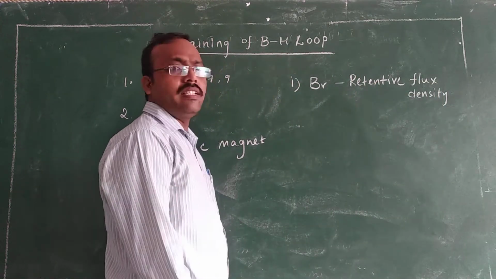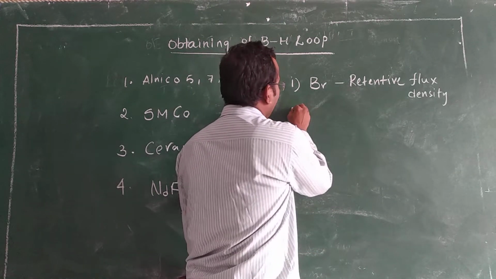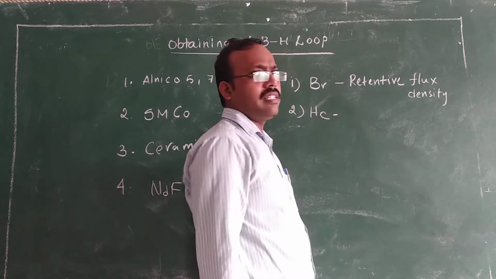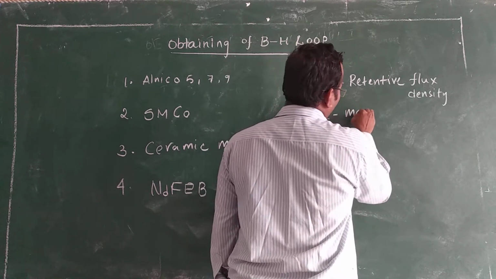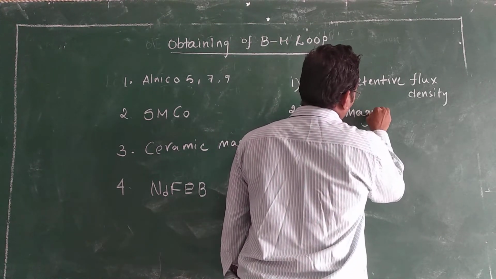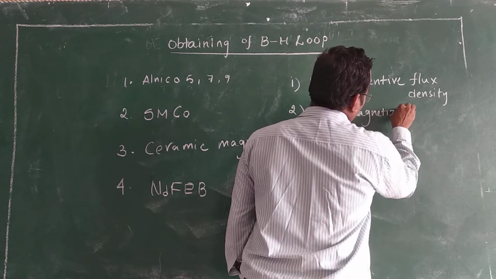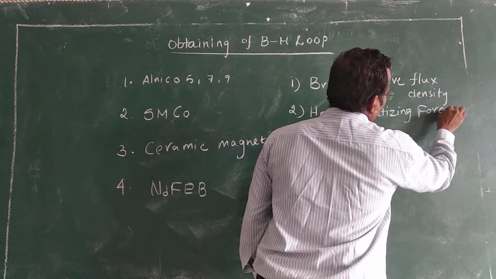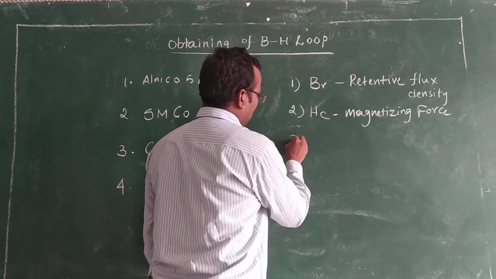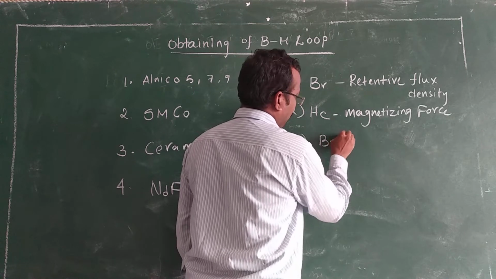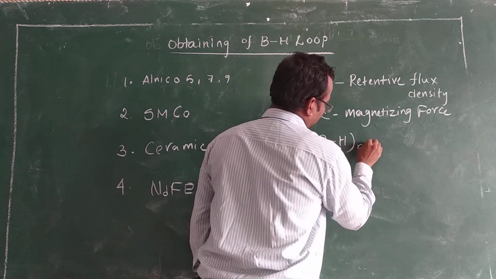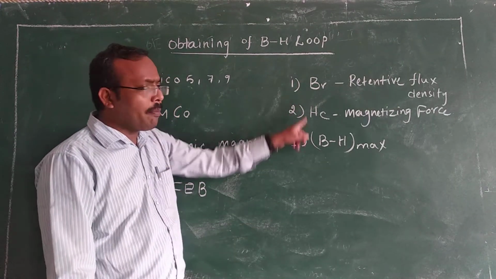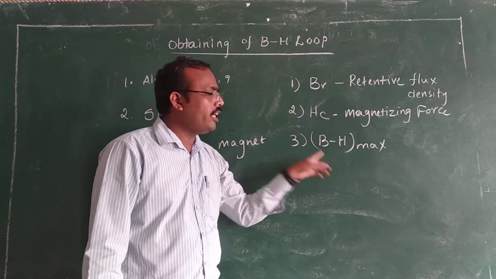The second one is Hc, which means coercive force. And the third one is BH max. These three parameters decide the quality of a magnet.